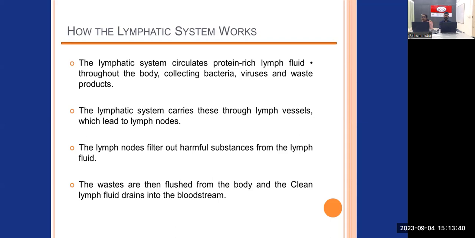The lymph node filters out harmful substances from the lymphatic fluid, like interstitial fluid. After that, the waste is flushed from the body, and clean lymphatic fluid drains into the bloodstream. This is how the lymphatic system works.